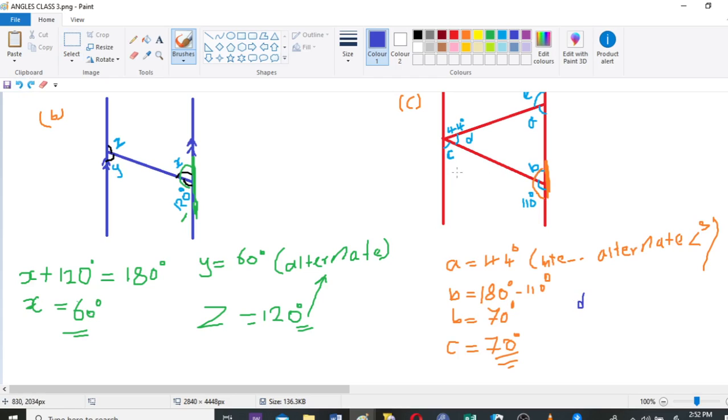Okay, we can reason in this way, considering that all of this is 180. So to find D, we are going to add C plus the size of angle D, which we don't have.